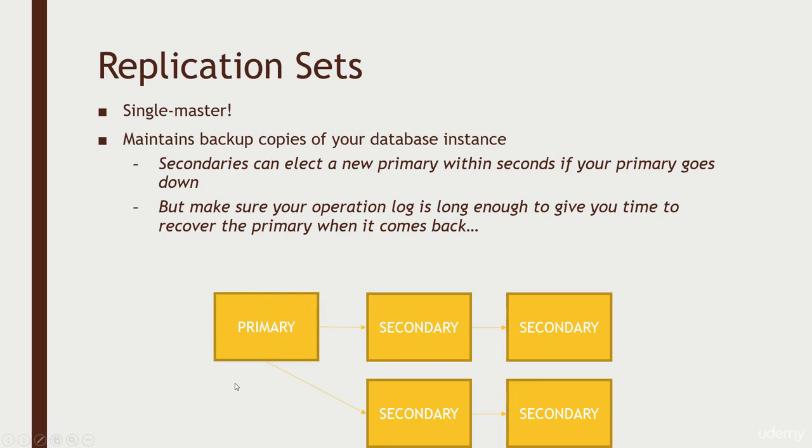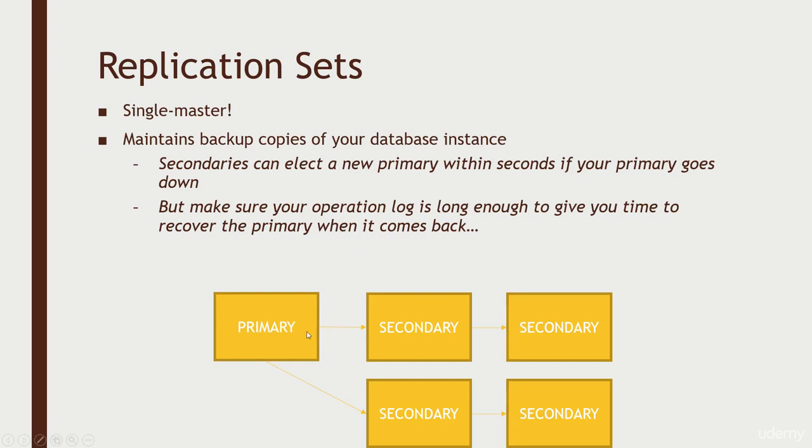So in this diagram here, we might have a primary MongoDB server that your application talks to. And maybe we have a couple of secondary backup nodes in one data center and a couple of secondary backup nodes in some other data center. MongoDB will automatically replicate those operations to those secondaries so that in the event that the primary goes down, one of these secondaries can take its place.